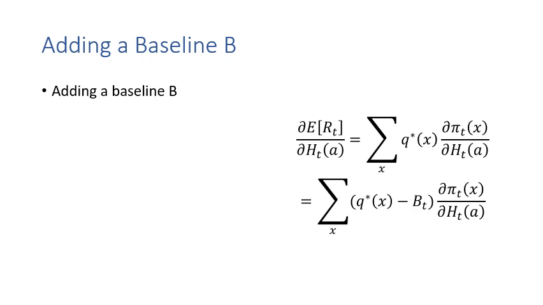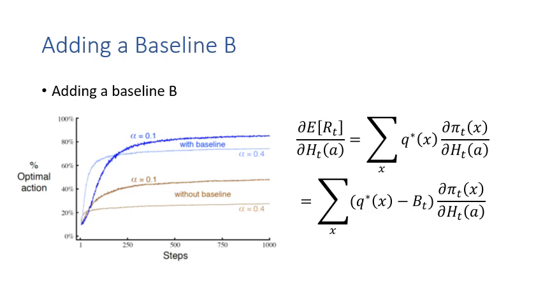Baseline b is a constant, so we want our optimal value better than the baseline. We can add or not add this function, but experimentally adding a baseline can improve the learning performance.